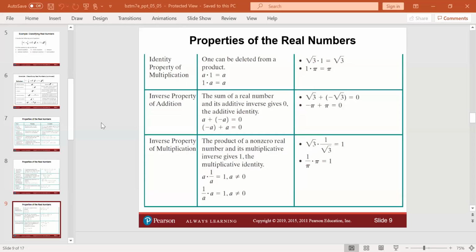We looked at a few real number properties, and we said, oh, those are pretty interesting. And so now we're going to continue on with those ideas.